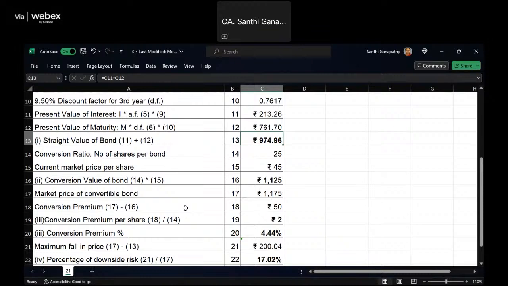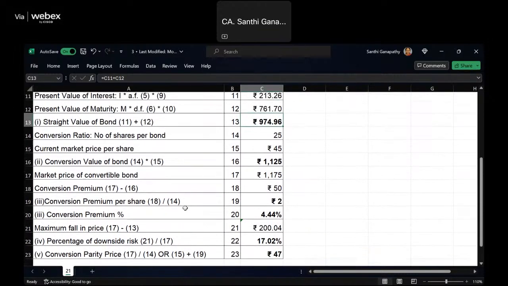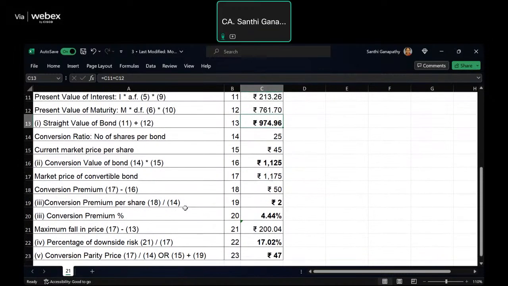Conversion parity price. What do you mean by parity? So conversion parity price is the price that an investor effectively pays for equity by purchasing a convertible bond and then exercising the conversion option.